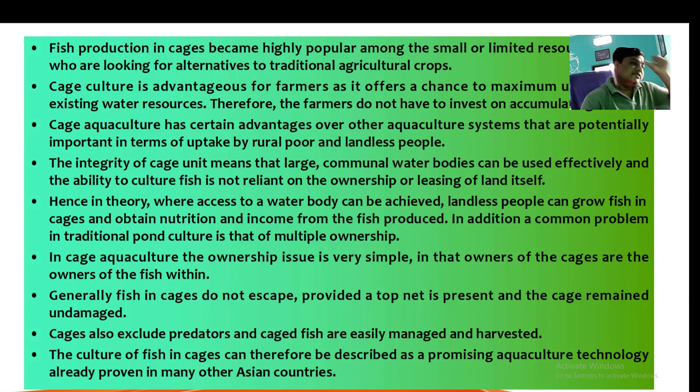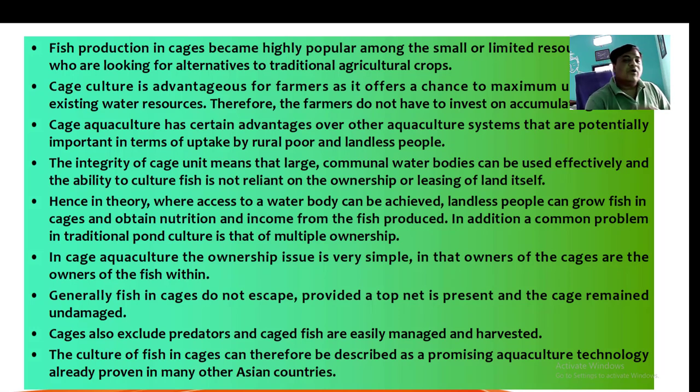Hence in theory, where access to a water body can be achieved, landless people can grow fish in cages and obtain nutrition and income from the fish produced. In addition, a common problem in traditional pond culture is that of multiple ownership. No doubt, when we think about traditional pond culture, that was a single pond and owner is mover.